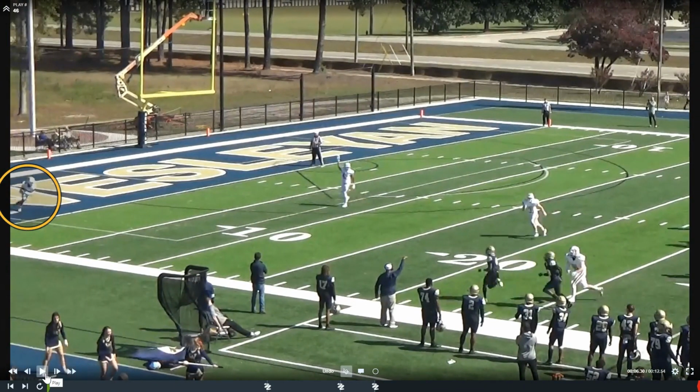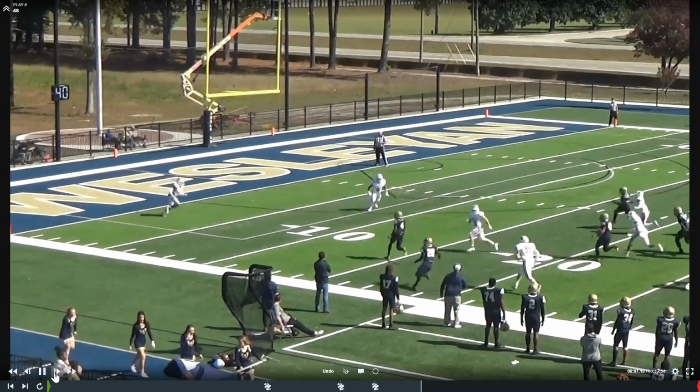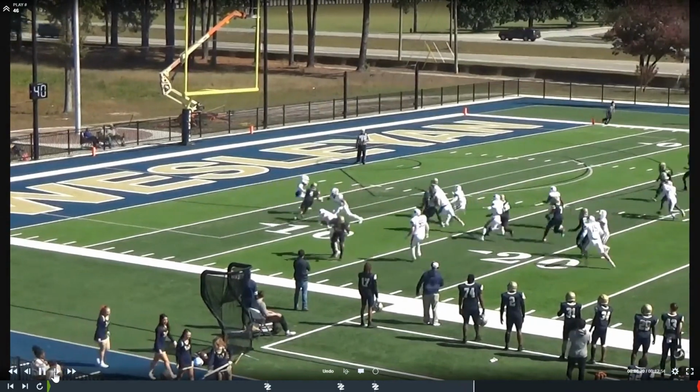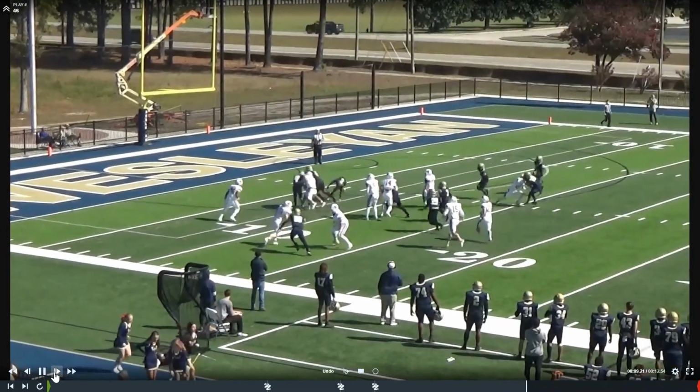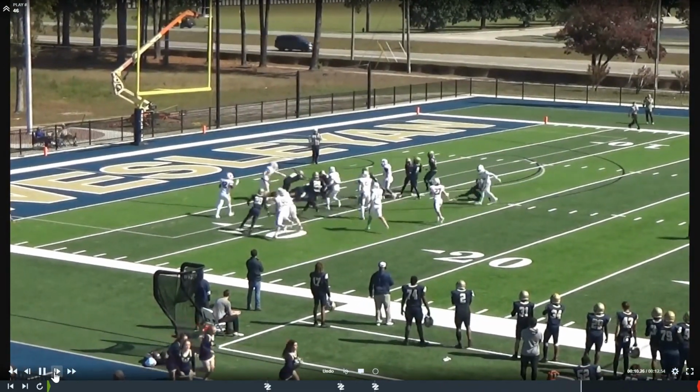Let's also talk about the player who receives the kick on this play. Even though this player does not give a fair catch signal, they are not allowed to advance the ball more than 2 steps after receiving the kick because their teammate gave a fair catch signal. On this play, we notice that this player takes well more than 2 steps into the field of play, proceeds to run as if no fair catch was given.